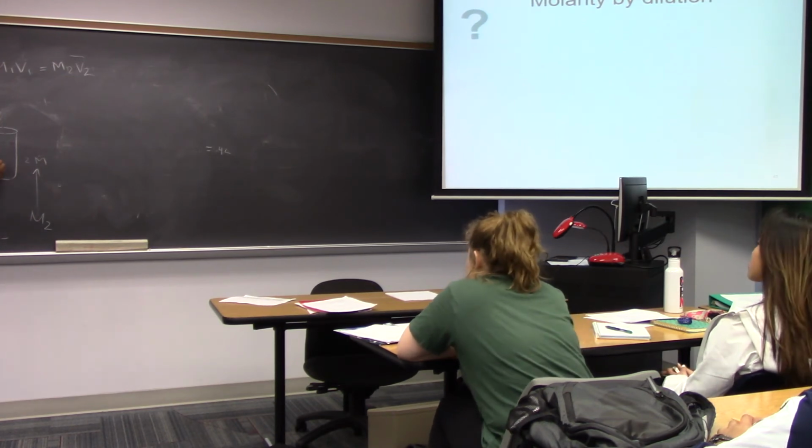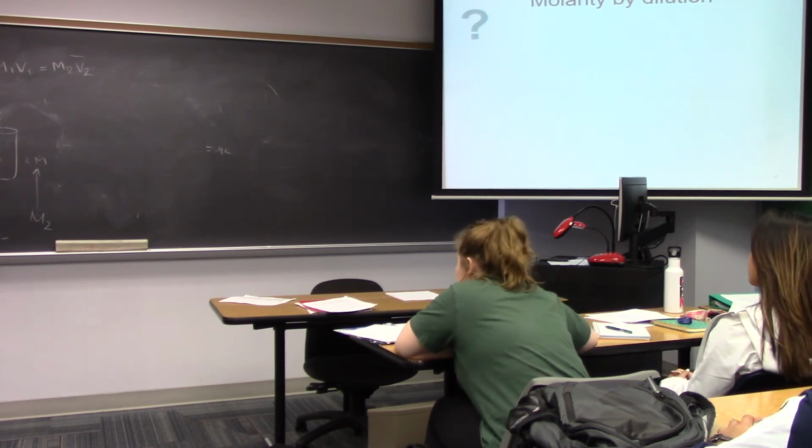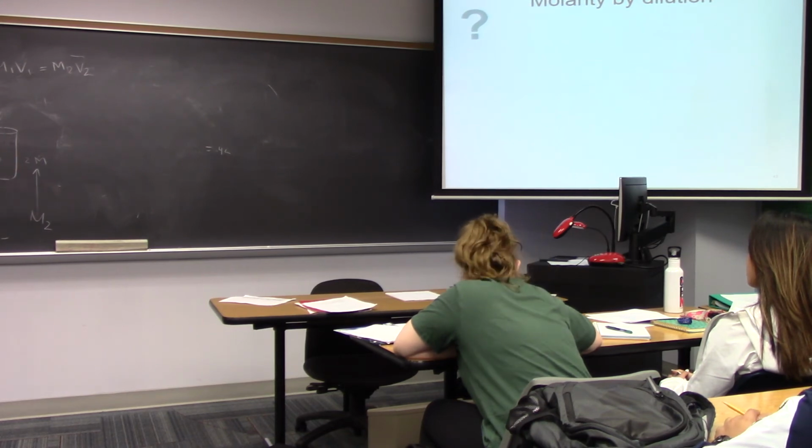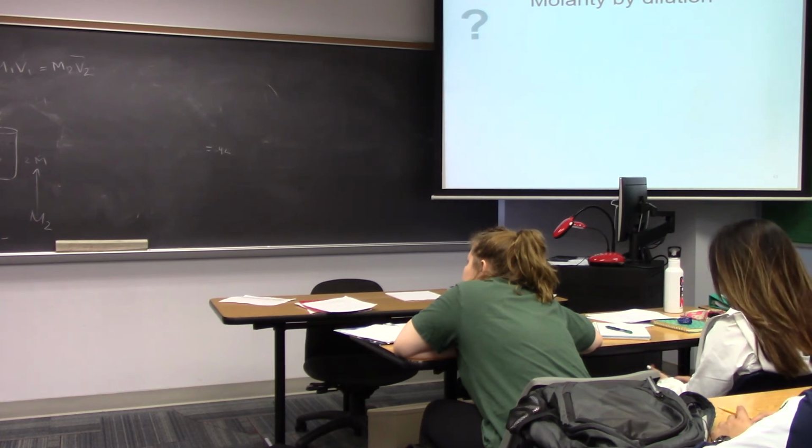Now the question is, what is the volume V2? That means how much water you need to add. Two questions could be: how much water do you need to add to make it 2 molar? Or what is the final volume you need to change 10 molar to 2 molar?